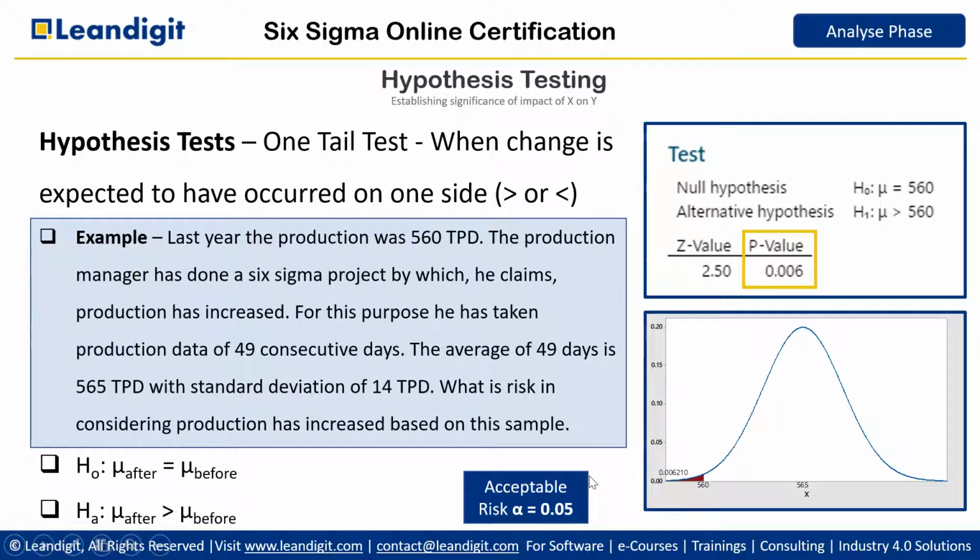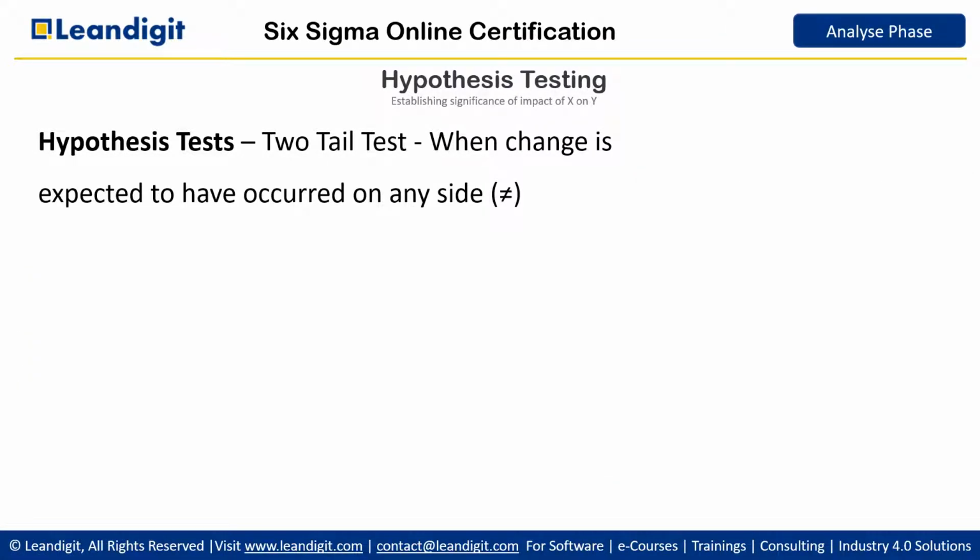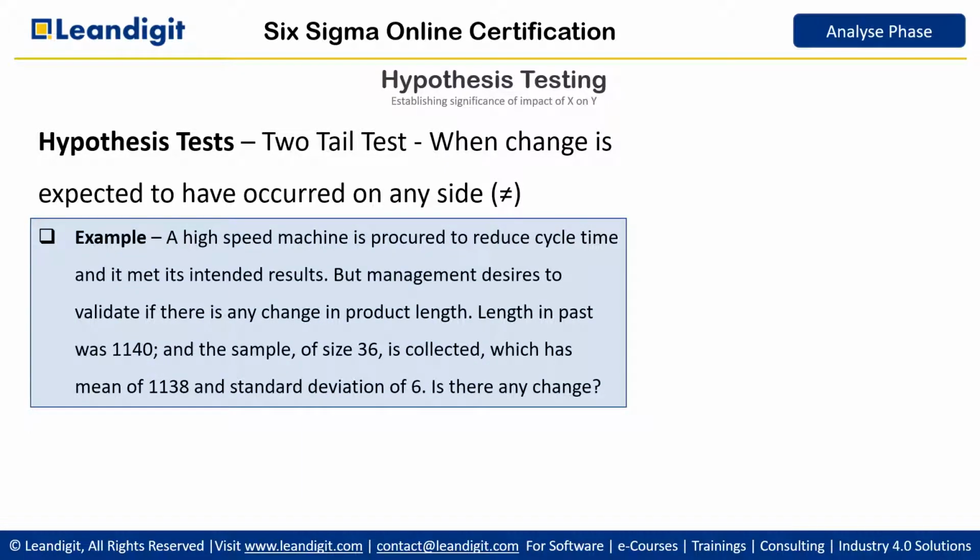So change has happened. We go to hypothesis test type 2, in which we take a two-tail test. When change is expected to have occurred on either side, either it has increased or decreased, both are to be tested together, then we are going to say two-tail test. Let us take another example. Let us assume a high-speed machine is procured to reduce cycle time.